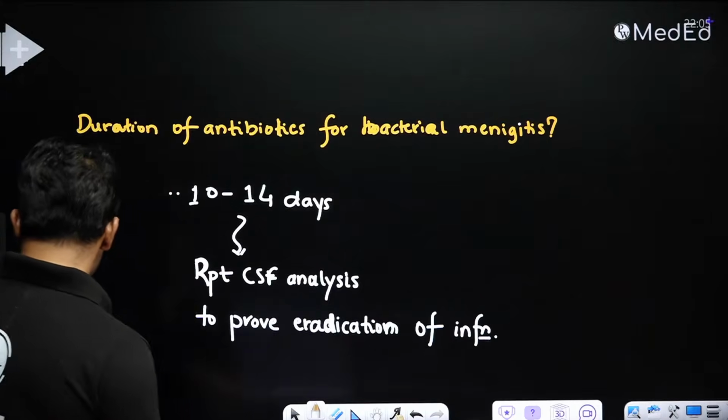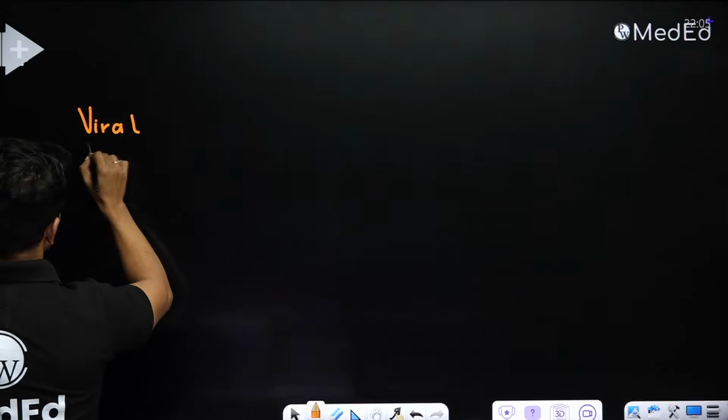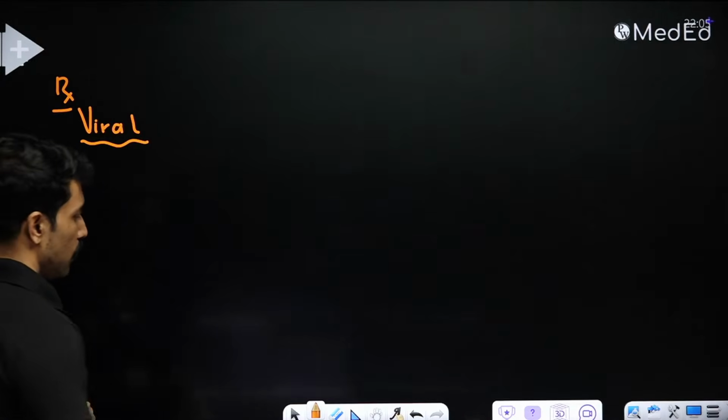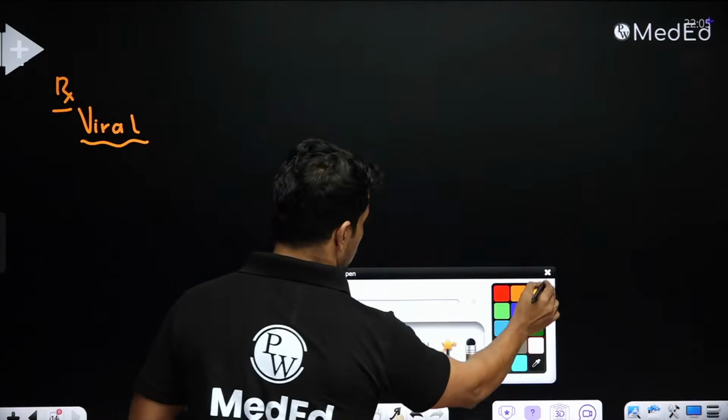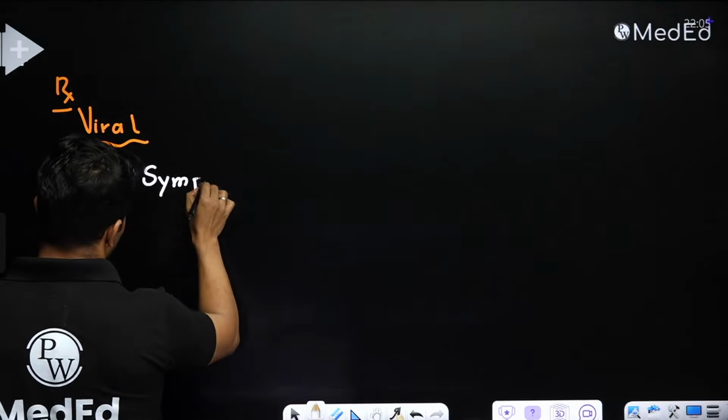Now, what if the CSF report had shown that it is viral? How do I proceed further? Bacterial, good. I had started empirical. I will continue that till I get the culture report, and based on the culture report, I can modify my antibiotics. But what if it is viral? Most viral meningitis are self-limiting, so we will try to treat them symptomatically.